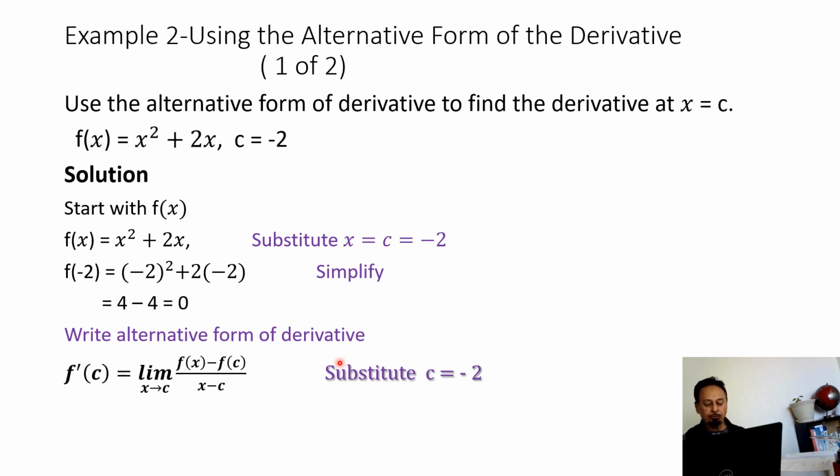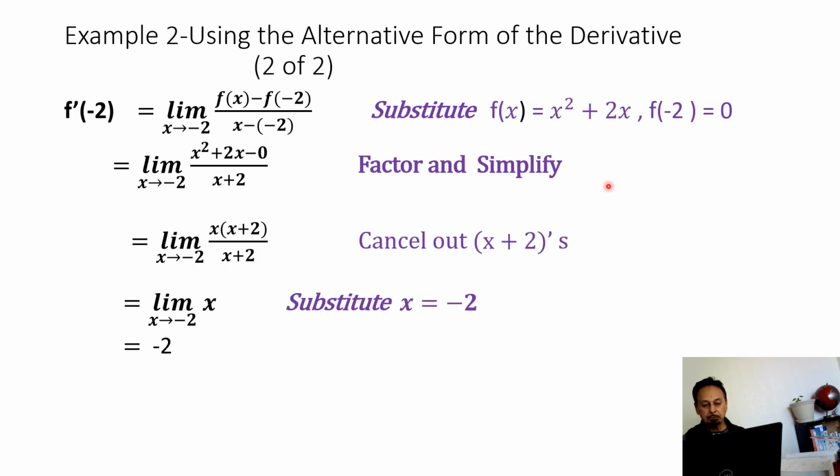Now write the alternative form of derivative. f prime c equals the limit as x approaches c of f of x minus f of c over x minus c. Now we substitute c equals negative 2, and the alternative form becomes f prime of negative 2 equals the limit as x approaches negative 2 of f of x minus f of negative 2 over x plus 2.